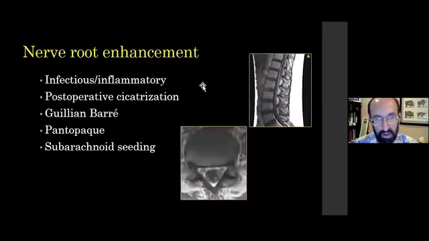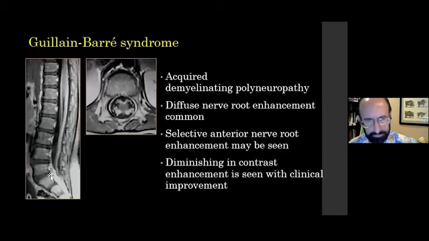And the other option would be something like an autoimmune phenomenon, which is most commonly seen as Guillain-Barré, where the patient has motor weaknesses. Differential diagnosis, make sure that it isn't showing contrast enhancement. It's not Pantopaque, which is a fat-containing contrast dye. Or you may see subarachnoid seeding from a neoplastic etiology.